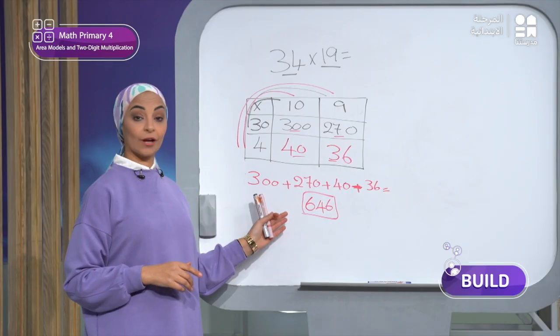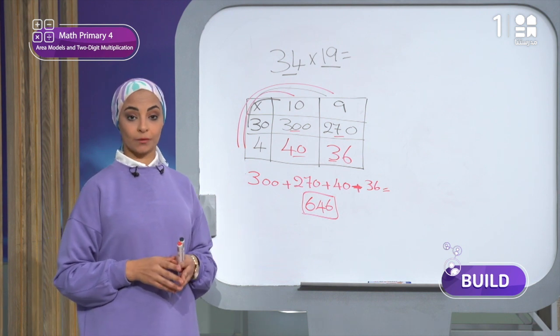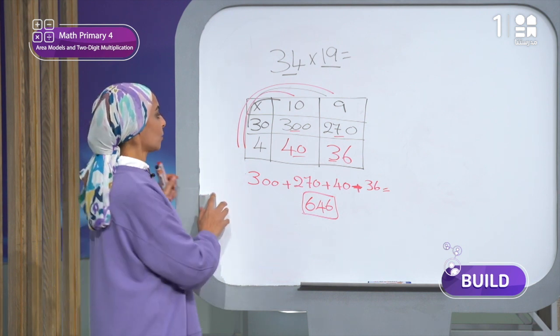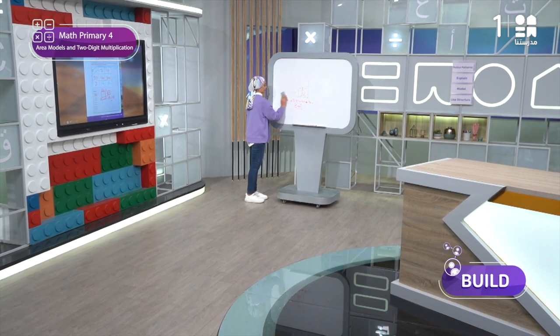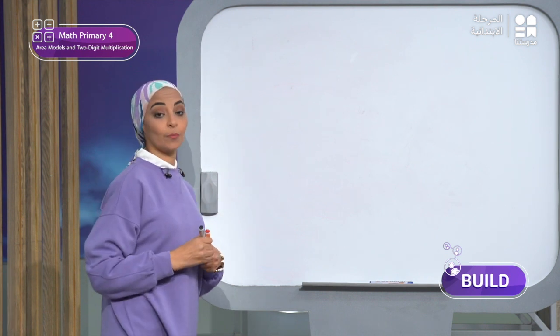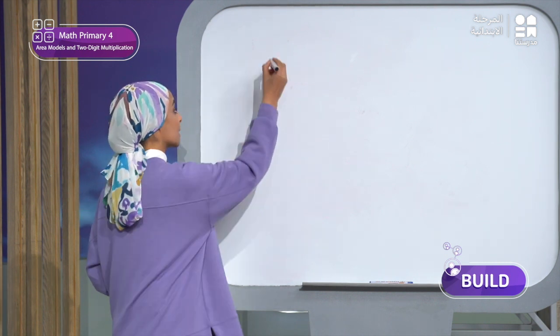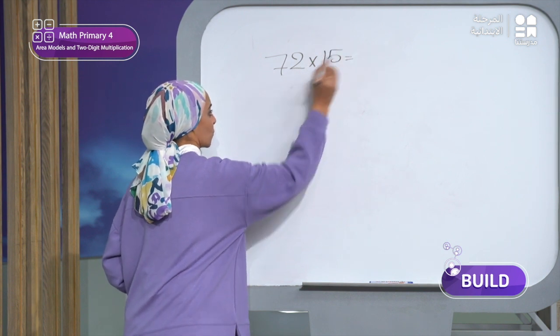And now, after we have finished this problem, let's solve the next one. In the second problem, he wants me to multiply 72 times 15 equals what?